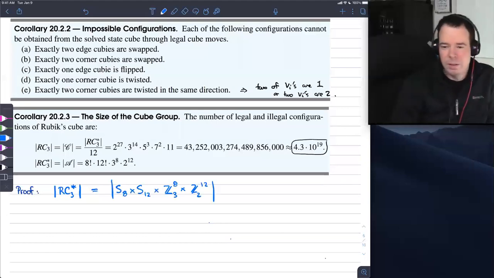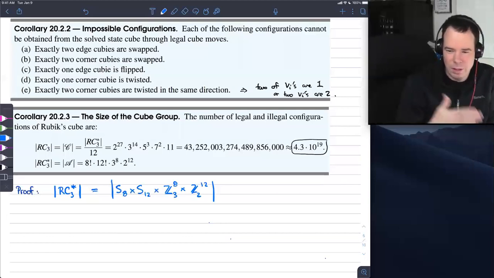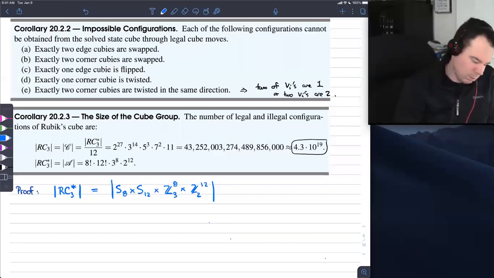The first component is a permutation on 8 objects. The second is a permutation on 12 objects. The third is a vector where each component is either 0, 1, or 2, so it's in Z3, and there are 8 components, so it's to the power 8. And the last one, W, is a vector of length 12 with 0 or 1 as its components.